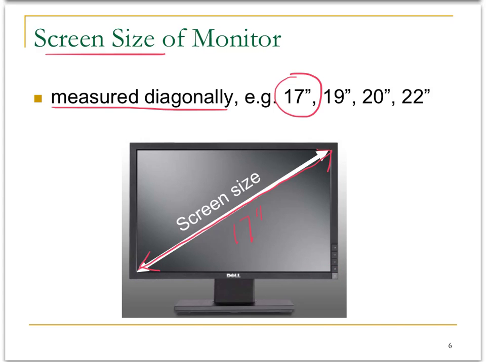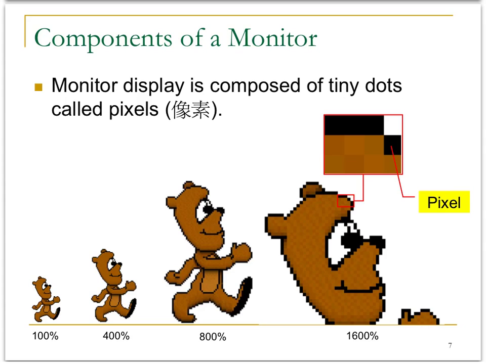If we magnify the display of a computer screen, we can see that there are tiny dots which compose the screen, which we call pixels, 像素. For example, if we enlarge this picture, we can see that these small squares are called pixels. They are the basic components of a computer monitor.